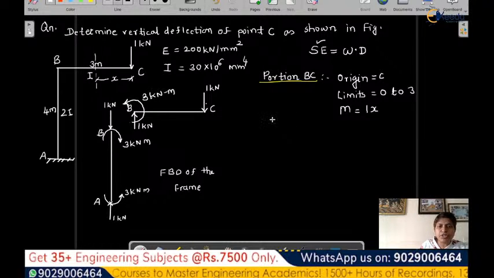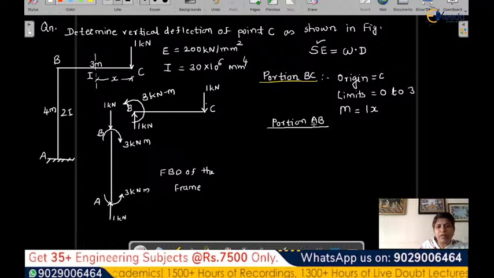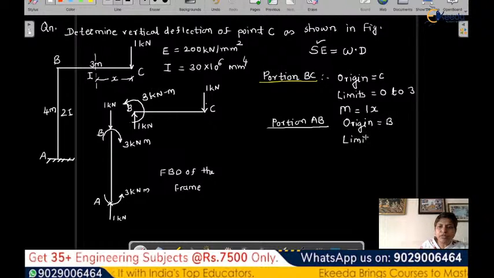Now let's see portion BA or AB. For portion AB, our origin in this case we are considering B, because A being fixed end, we should start with the free end always, it becomes easy. So for portion AB, our origin for the calculation is B, and the limits will be, what is the length of AB?